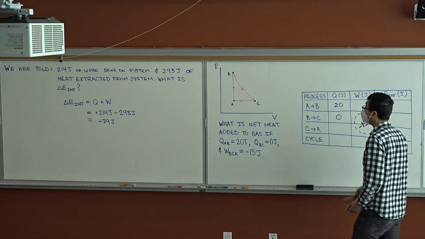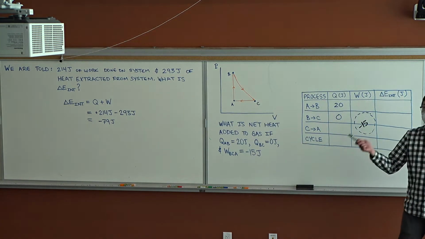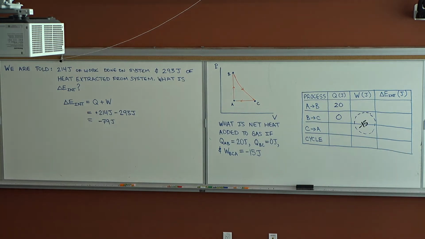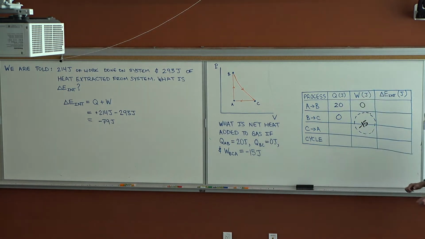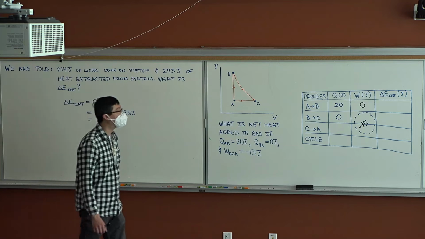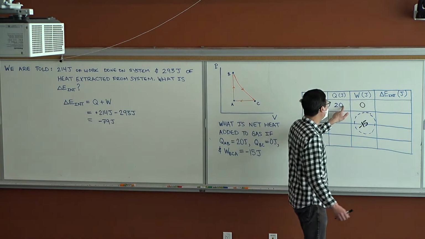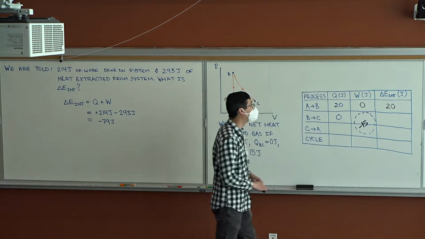One, from A to B, since this is isochoric, isovolumetric, there's no work done, right? And so I also know this is 0. But again, we've got that delta E goes as Q plus W, and so Q plus W, I know that this is also 20.